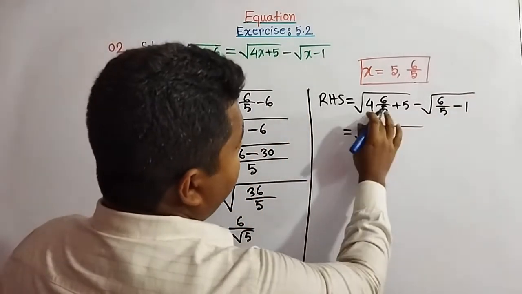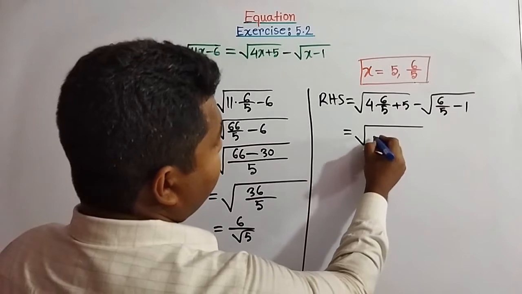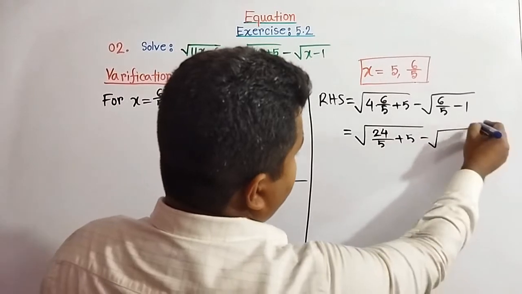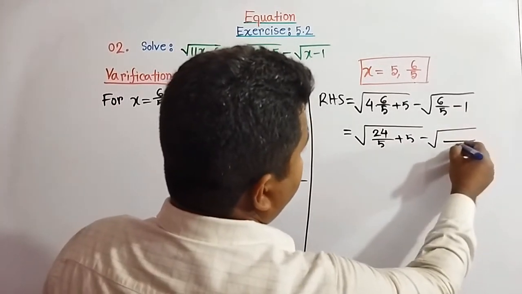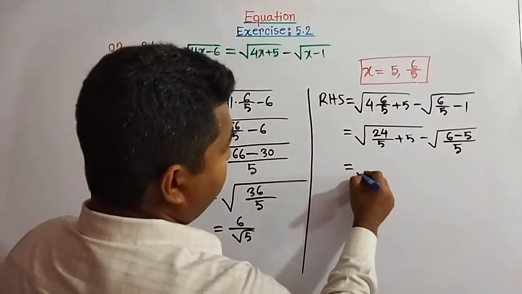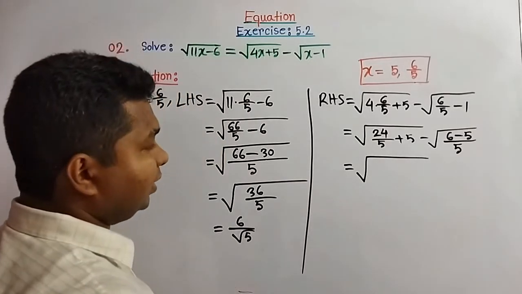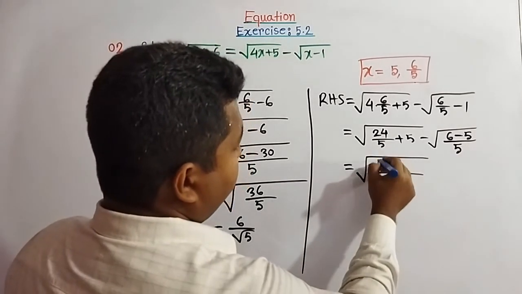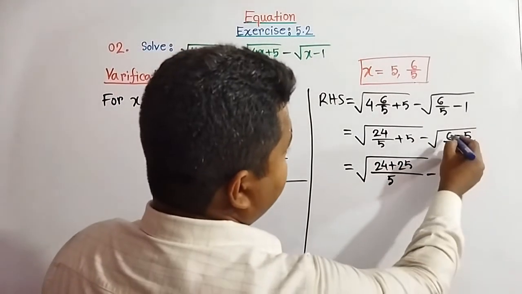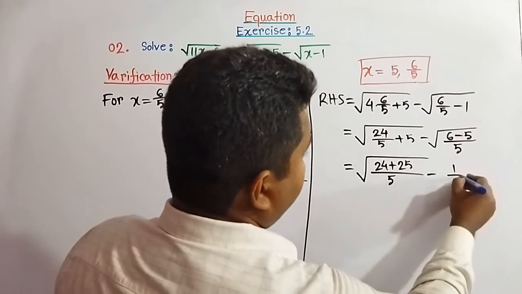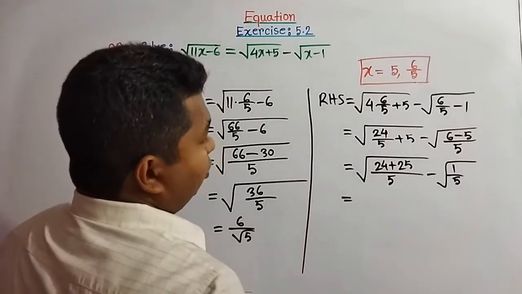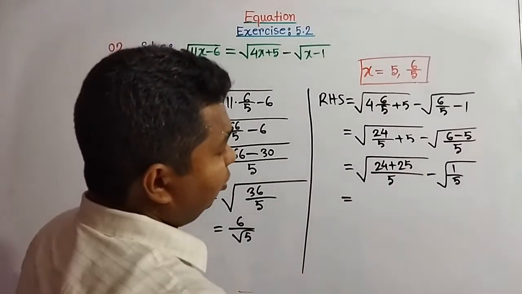Now multiplying this, we get 4 into 6, that is 24 by 5 plus 5, minus, taking LCM as 5, we can write 6 minus 5, equal to square root of 24 plus 5 into 5 equal to 25, minus square root of 6 minus 5 equal to 1 by 5, that is square root 1 by 5, equal to 24 plus 25 equal to 49.